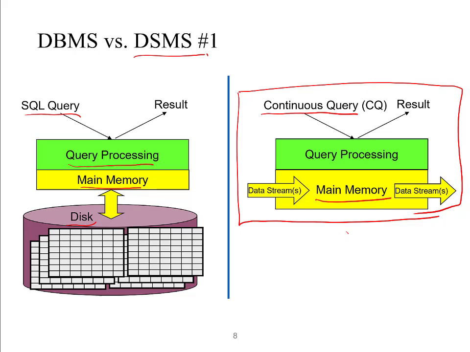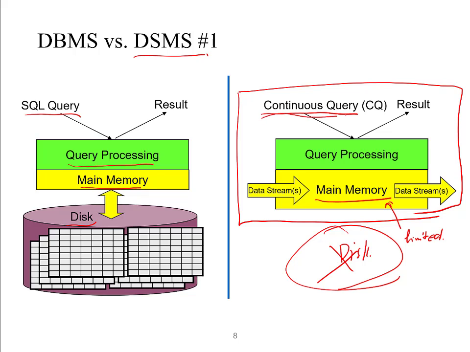So we don't have a disk. We don't have access to the disk. Everything is in main memory. So this is limited. The data comes and goes. You can't expect to keep it, right? And the data is continuous.